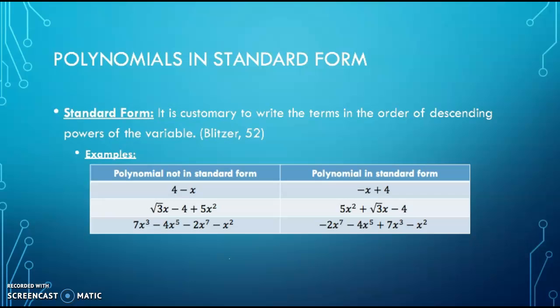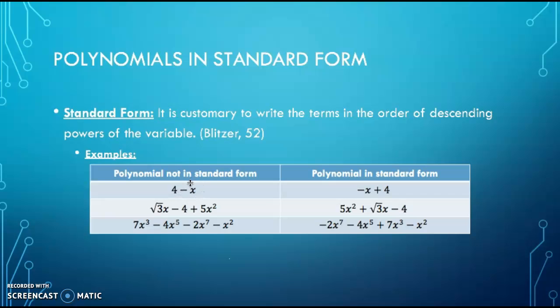Now, polynomials, when we put them in something called standard form, is simply when we put the terms in order from highest exponent to smallest exponent. And remember, if there's a constant in there, then this would mean that that's an x to the 0 power. So if I were to take a look at this polynomial right here, I would have an x to the first and an x to the 0.